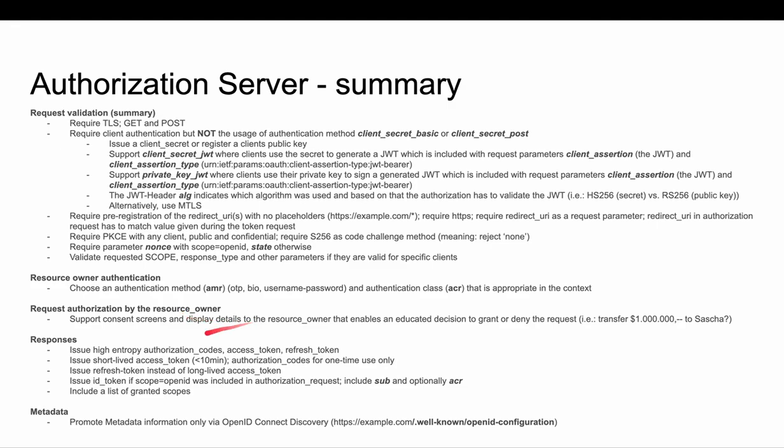And when your server creates responses, this is what you should look out for. And then the last one indicates that your server should only promote its metadata via the well-known OpenID configuration endpoint. So this should give you a good starting point to get an idea on what your server should be capable of in the context of FAPI.